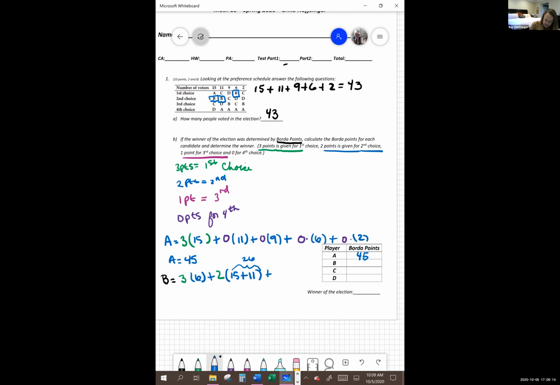And then third choice, there are 2 places where B was ranked third choice, and that's only worth 1 point. That was for 9 people plus 2 people, which is 11. So B is equal to 3 times 6 is 18, plus 2 times this 26 is 52, plus 1 times this 11 is 11. 18 plus 52 is 70, and 70 plus 11 is 81.